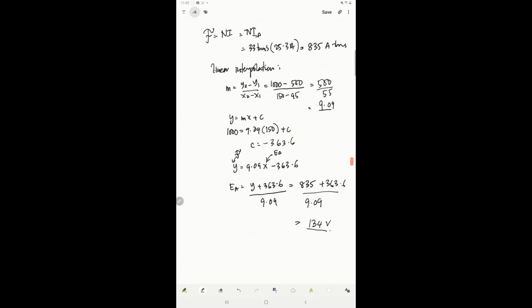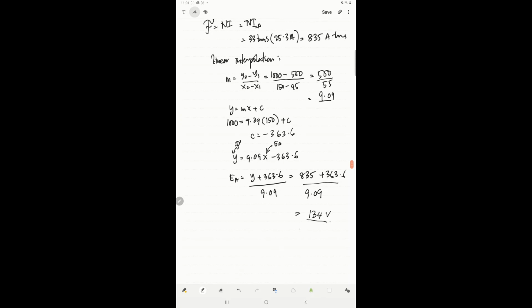This 134 volts is attained at 900 RPM, because the values that we have are taken from when the motor is running at 900 RPM.